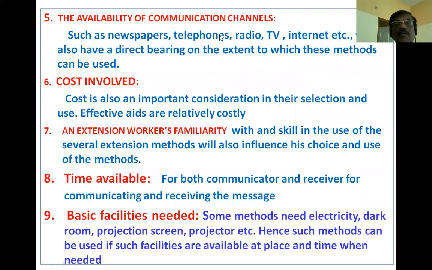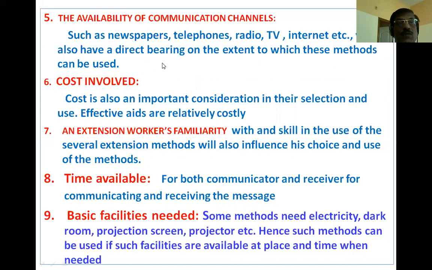Then the availability and accessibility of communication channels, such as newspaper, telephones, radio, TV, internet, also have a direct bearing on the extent to which the methods can be used.